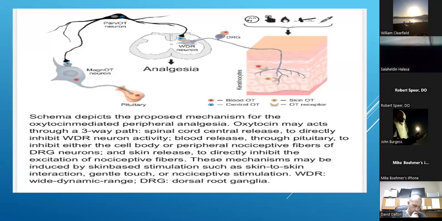In addition to that, we can use it to manage migraine, because the nociceptive pathway, the neurons, those pain fibers that carry signals from the meninges, release calcitonin gene-related peptide, and oxytocin inhibits the release of those neurotransmitters and disrupts that pain signaling. And so we can use oxytocin as a powerful analgesic for many pain conditions.